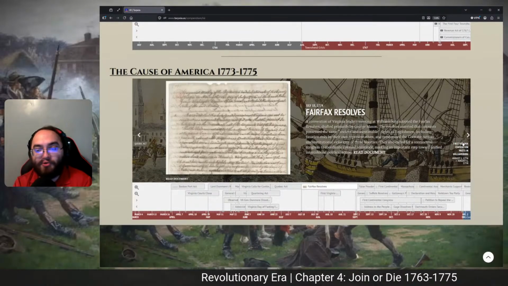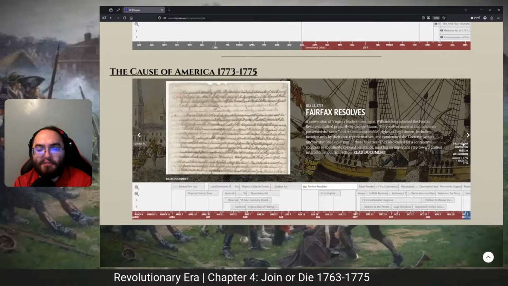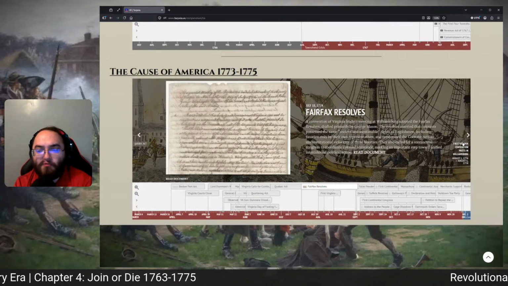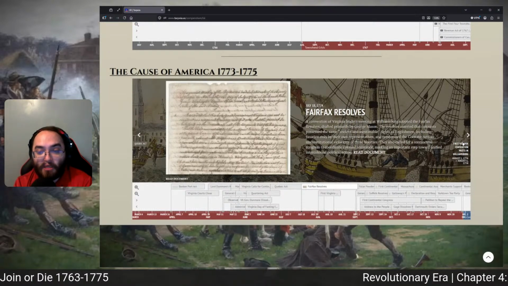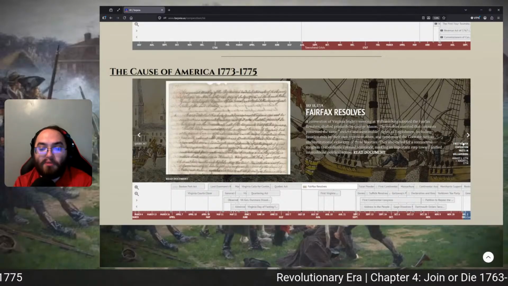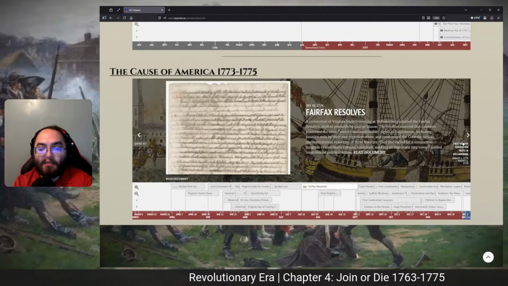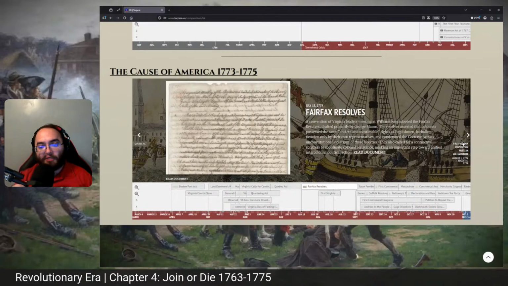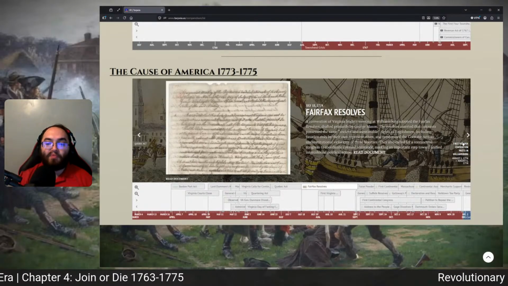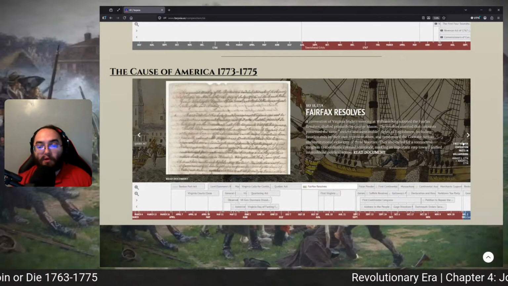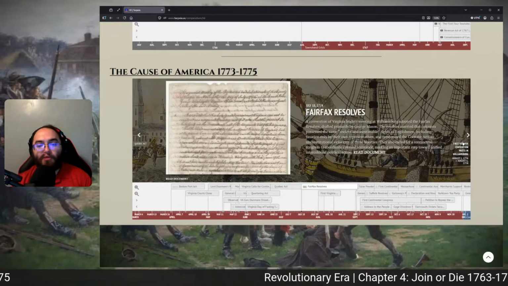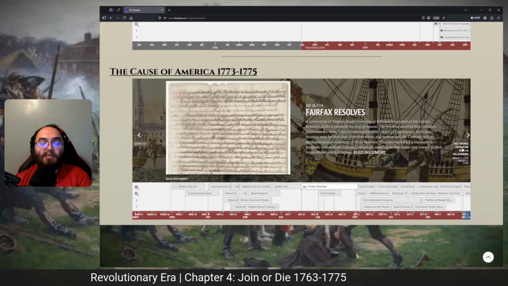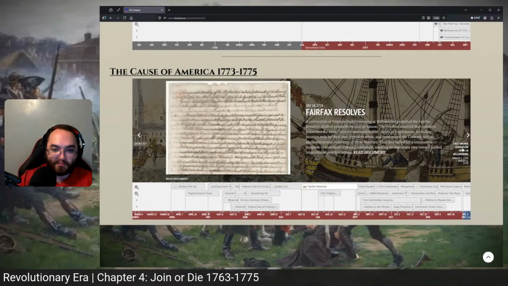The Resolves asserted that colonists possessed the same ancient and inestimable rights as Englishmen, including taxation only by their own representatives, and condemned the coercive acts as unconstitutional violations of those liberties. They also called for a Continental Congress to coordinate colonial resistance, marking an important step toward unified intercolonial political action.